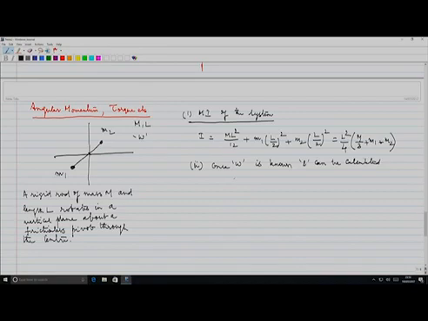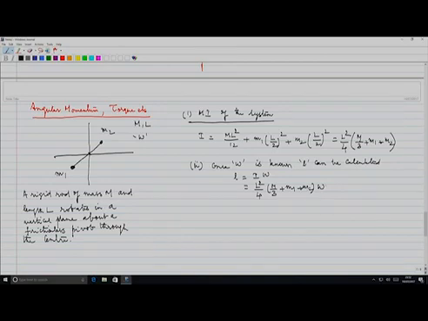Therefore, L is equal to I omega, right? So this is equal to what we already calculated for I, L squared by 4 into (M by 3 plus little m1 plus little m2), that times omega.